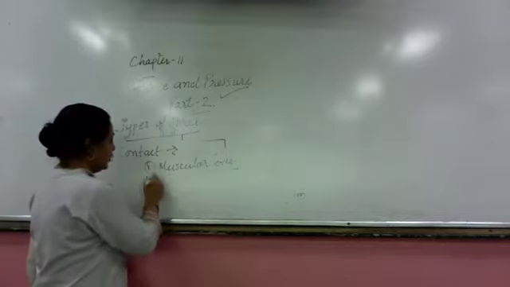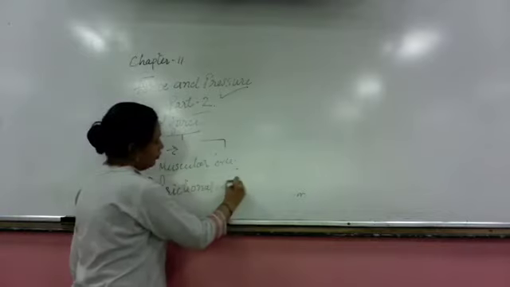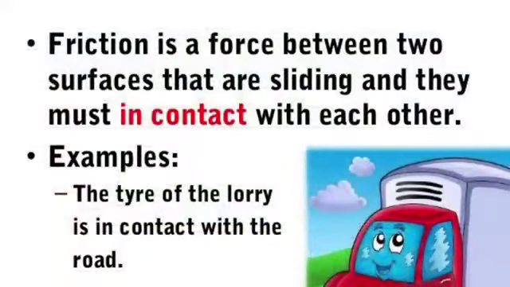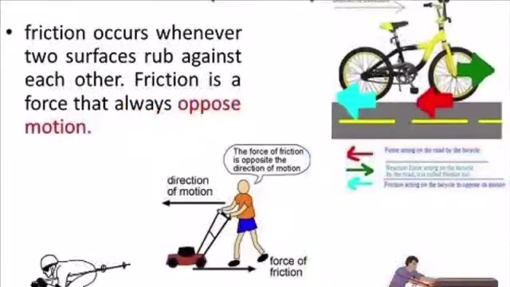Second is frictional force. Frictional force is the force between two surfaces that are sliding, and they must be in contact with each other. Friction occurs whenever two surfaces rub against each other, and it always opposes motion.